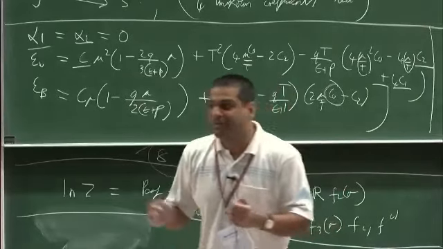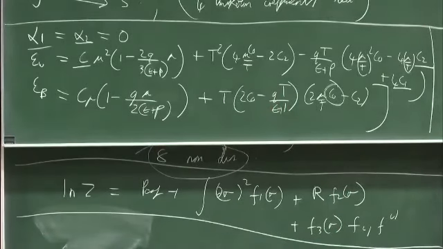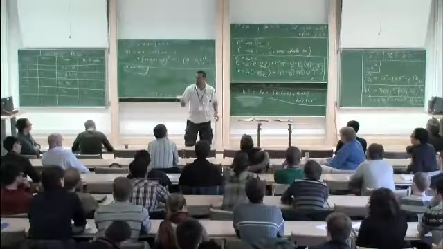So we get an almost perfect agreement between these two results with a mismatch of one constant, and you might wonder what's going on with that one constant. Well, actually, there's a clear understanding of what's going on with that constant.